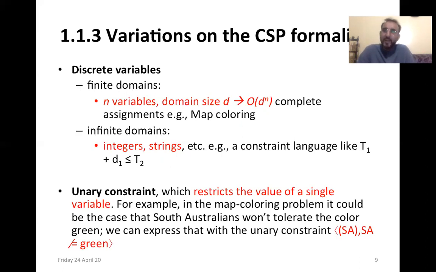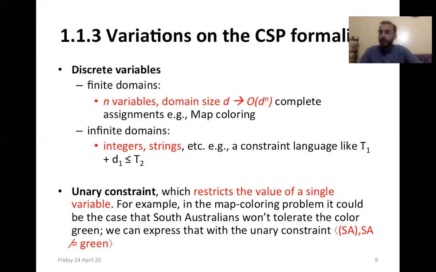Finite domains, finite values, you can say. These are the domains in which you are given a finite number of values. Like in your map coloring example, you have only 3 colors available, that is finite values. Also you will be given n variables, and if you are given some domain size d, then you can use the simple order of d raised to the power n for complete assignments.